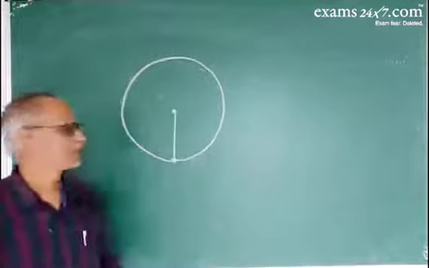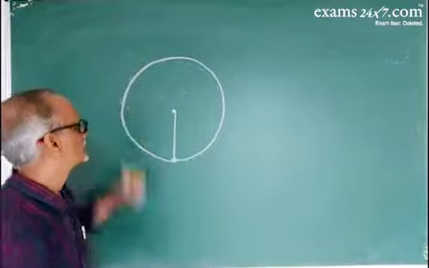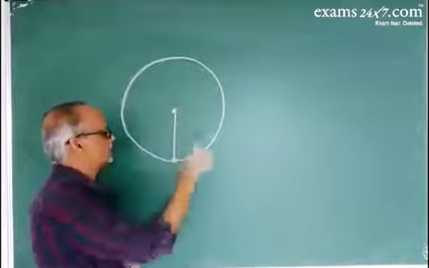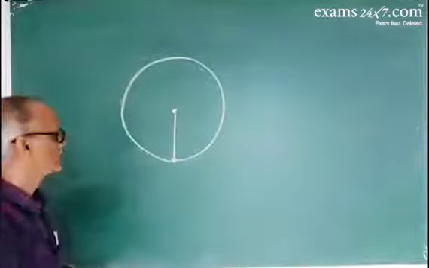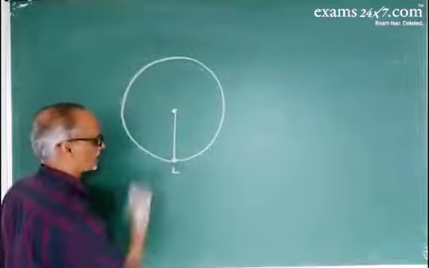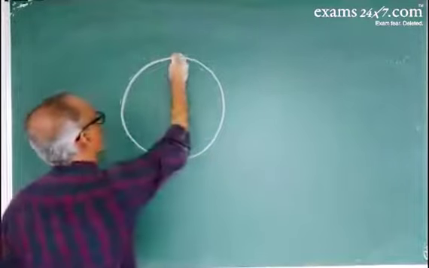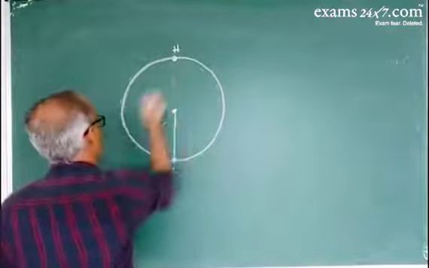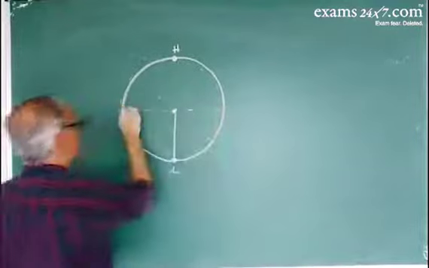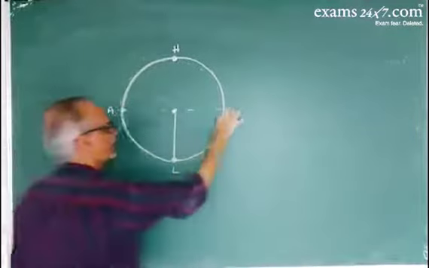So what is the tension acting on the string at each and every point? Let us consider this is the lowest point of the vertical motion, and this is the highest point. And along the horizontal, I'm going to consider two more points, A and B.